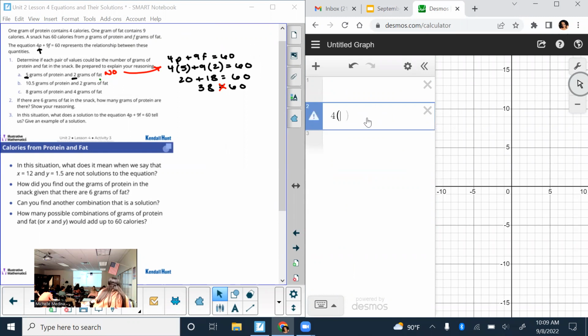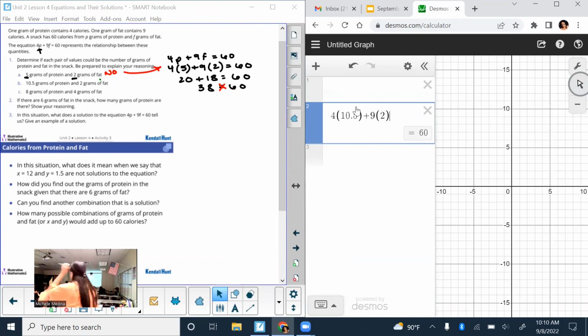For the P, because that is for grams of protein. Where do I plug in the 2? In the F. Does that equal what it says it should equal in the given equation? Yes, it says it should equal 60. So these two values make the equation true.